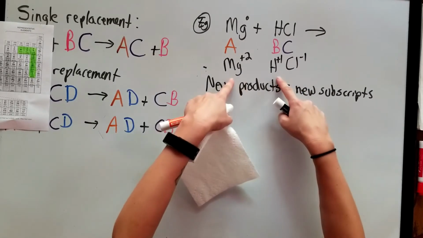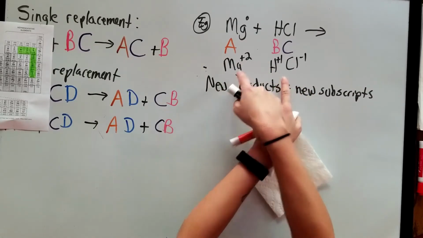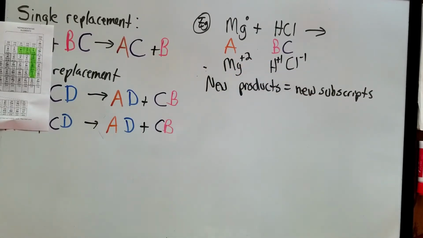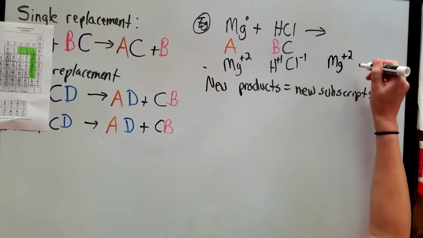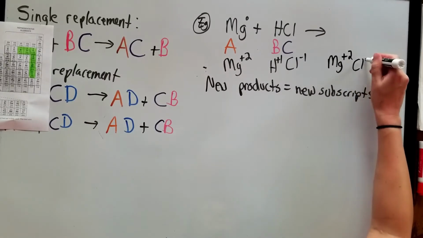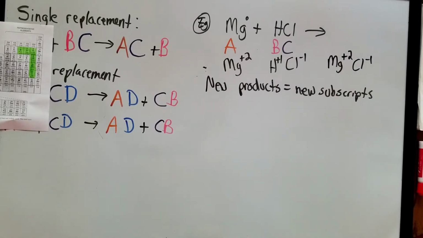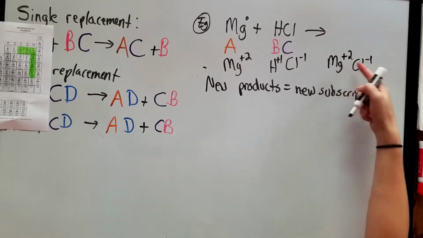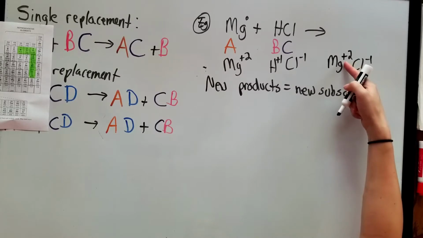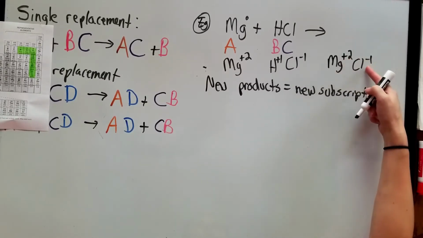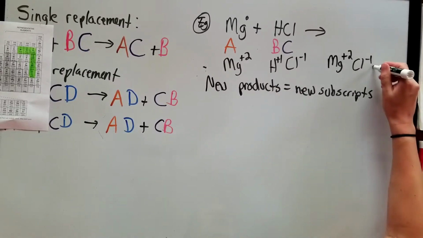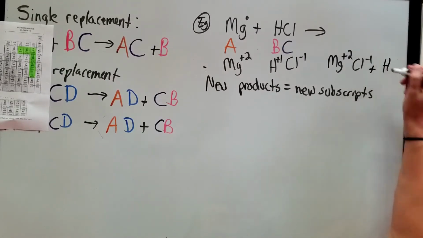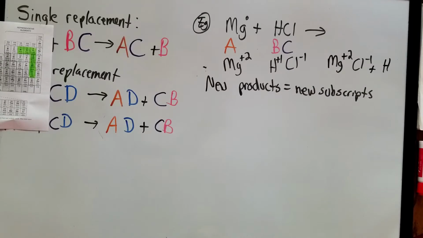So magnesium and hydrogen are going to switch places, and magnesium is going to be with chlorine. Let me write that over here. I'm going to have magnesium now with chlorine, because I need a positive with a negative. Remember, opposites attract. So that's why it's going to be magnesium with chlorine and not magnesium with hydrogen. That won't happen. And then hydrogen is going to be by itself.